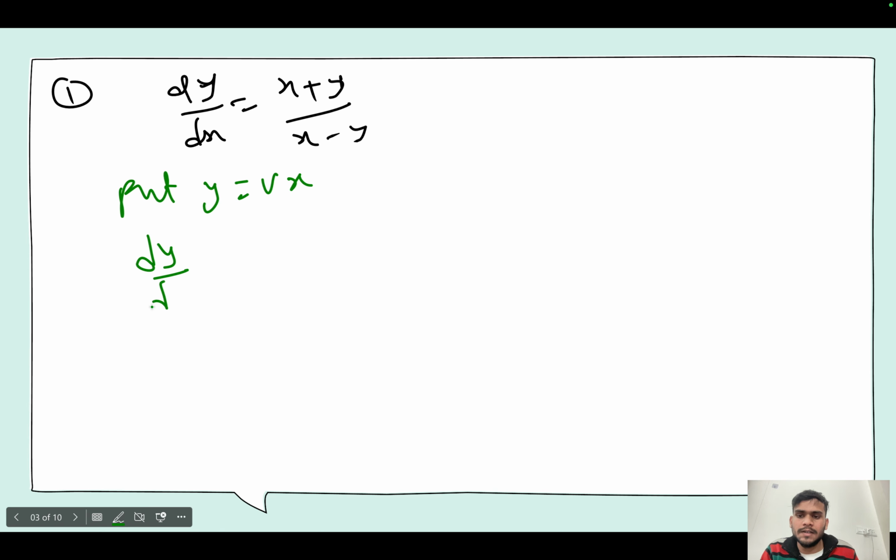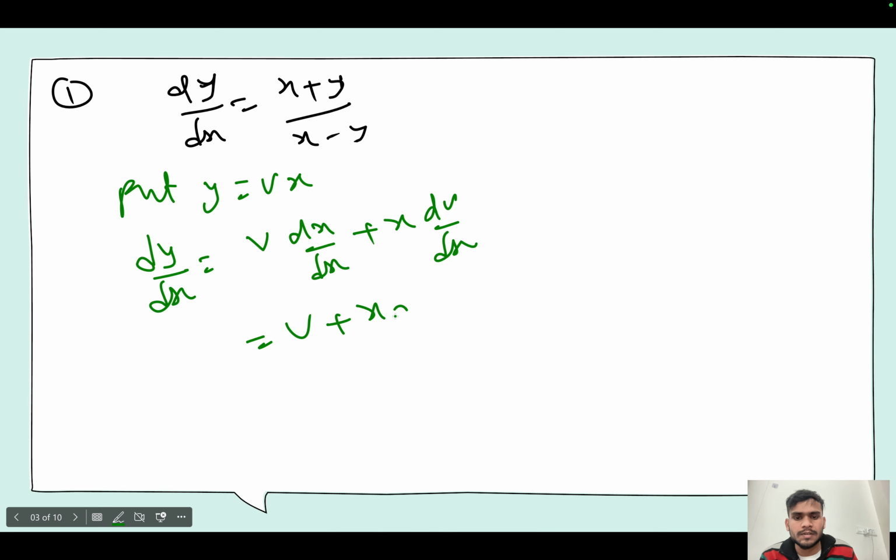So dy by dx is equal to, using the product rule, first function v times the derivative of x, dx by dx, plus the second function x times dv by dx. So this is v plus x dv by dx, and this is dy by dx.